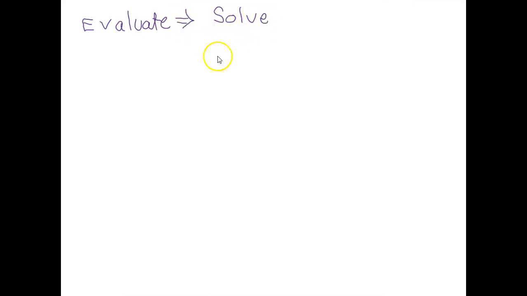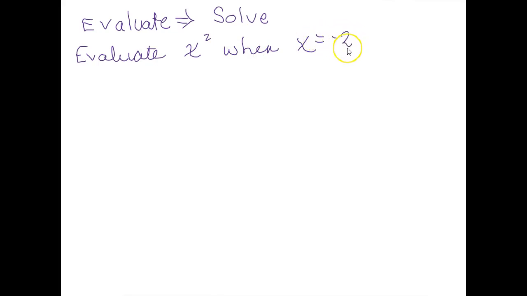And you can be told to evaluate, so if we were to evaluate x squared when x equals -2.